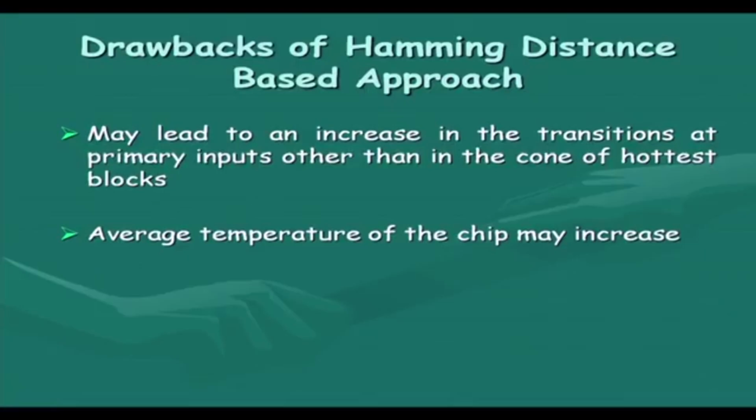So, for other blocks it may increase the temperature, and the average temperature of the chip may increase, because we are targeting to reduce the peak temperature. So, the mean temperature will increase, and that may have some adverse effect on the delay and frequency of the chip.